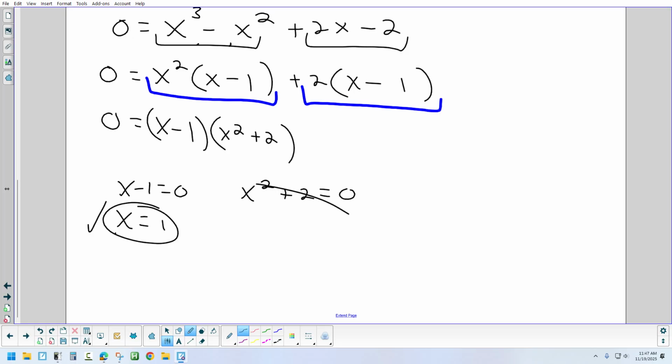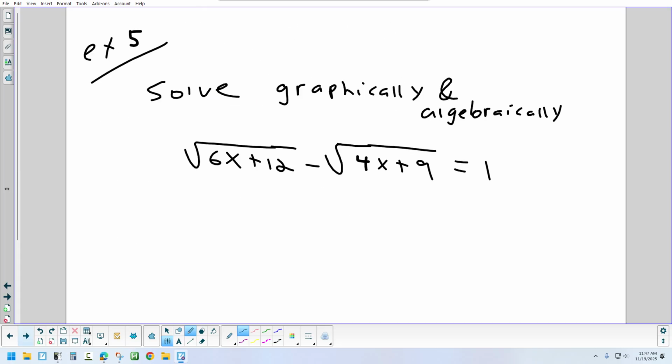Any question on that? Let's try a square root problem, but let's change that a little bit. Let's do equals 7. Okay. Do we have a root that's already by itself?